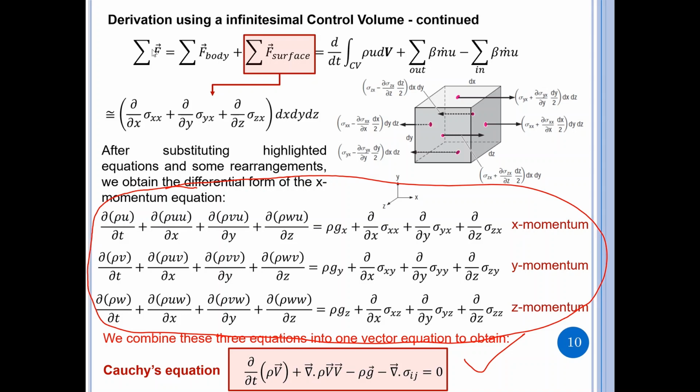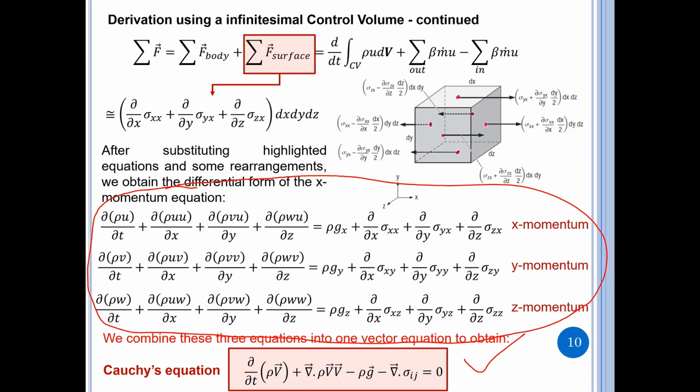The Cauchy's equation can be written in component form. We have discussed in detail in the class how we can write this Cauchy's equation in component form, that is x momentum, y momentum and z momentum, so I am not going to discuss it here. If there is any ambiguity, you can send me a message and I will be happy to explain again.